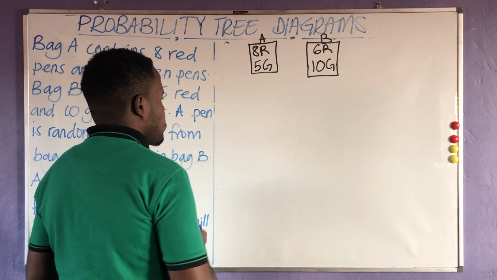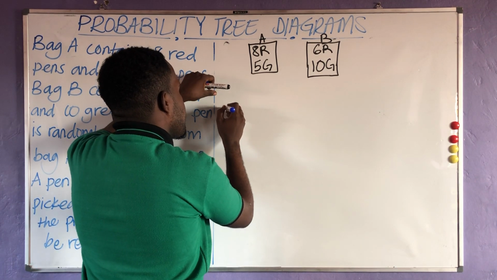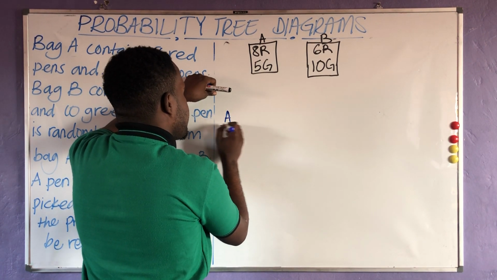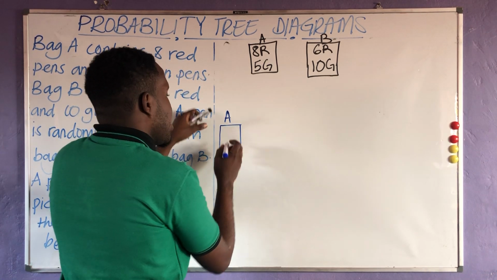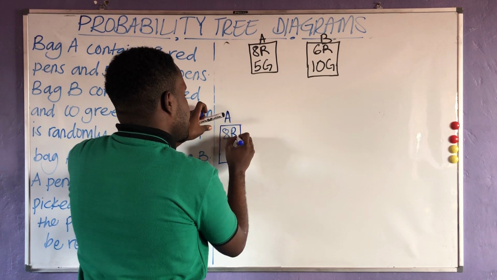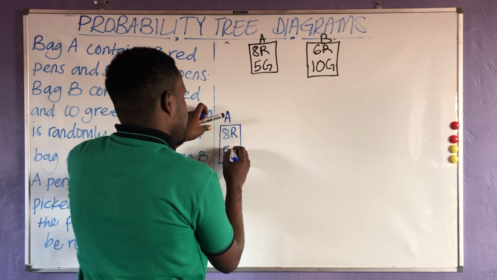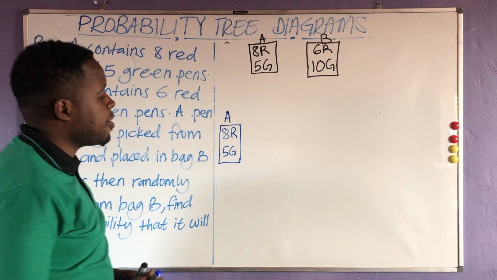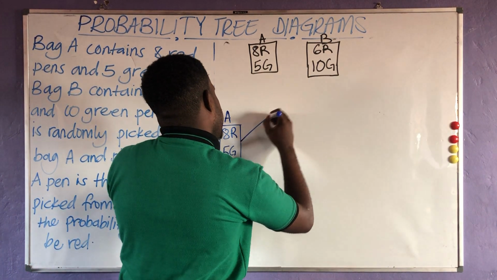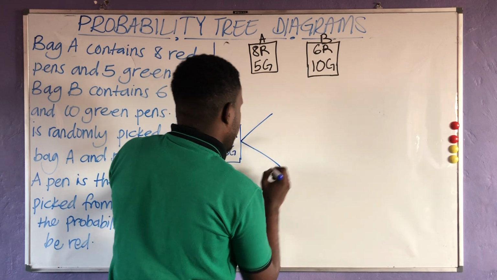So we are going to start with bag A here. Bag A has 8 red and 5 green. Now, when we are picking from bag A, we can either pick a red or a green pen.